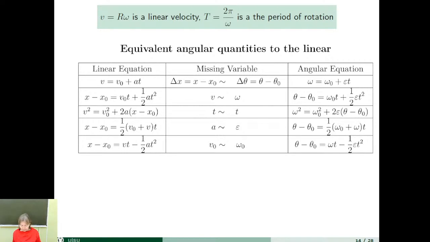When a rigid body such as a merry-go-round rotates around an axis, each particle in the body moves in its own circle around that axis. Since the body is rigid, all the particles make one revolution in the same amount of time. That is, they all have the same angular speed omega.